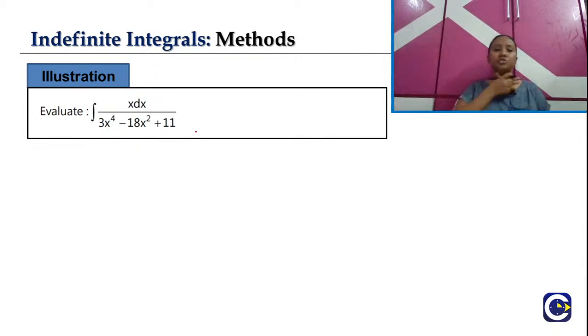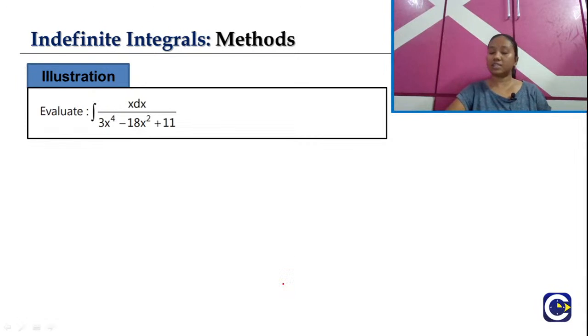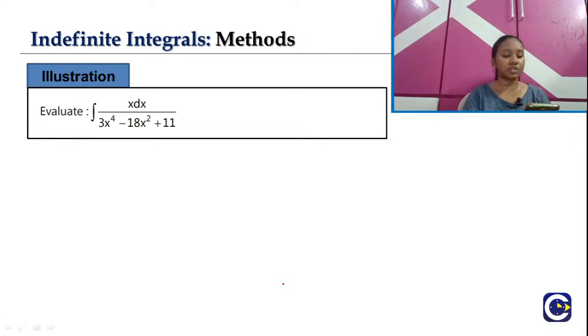I'm not going to ask you for the last final step of the integration, because we already know how to do this integration by using our standard integrals and different methods. So my aim here is how you can reduce this given rational function into the simplest form so that you can easily apply our standard integrals and find the answer. So you can at least tell me the simplest form of this rational function. That will be enough.